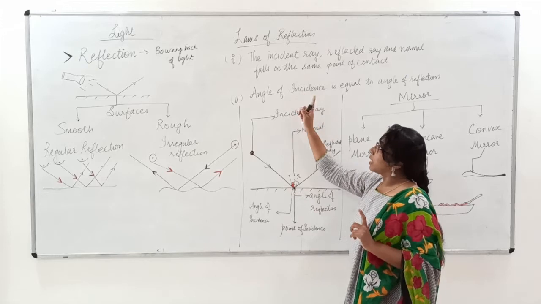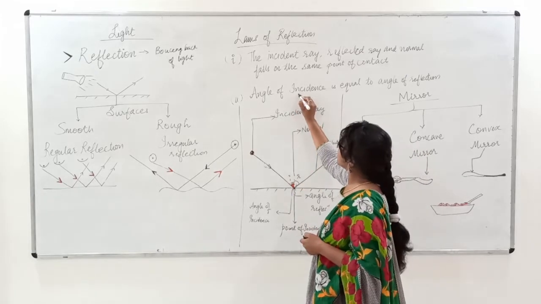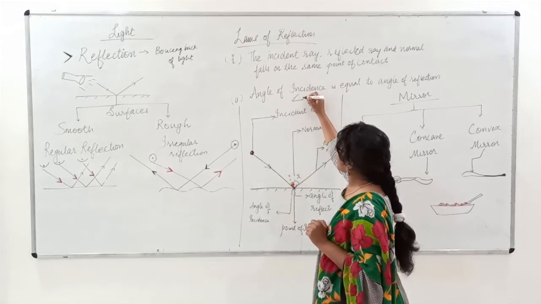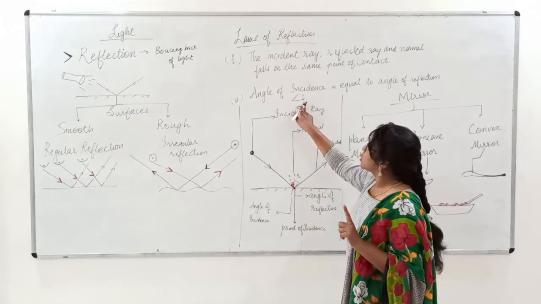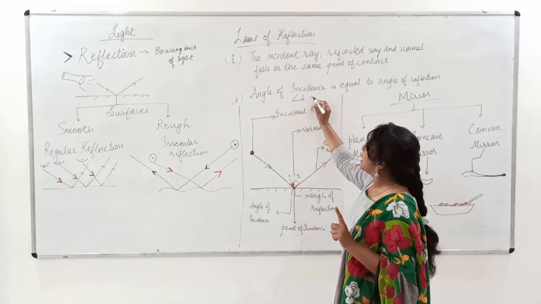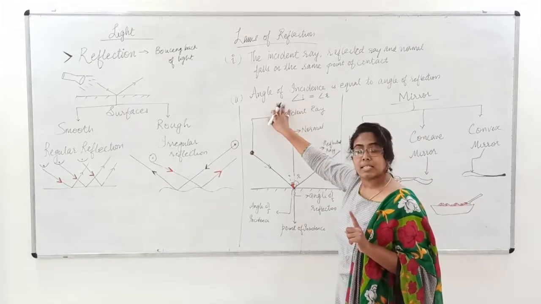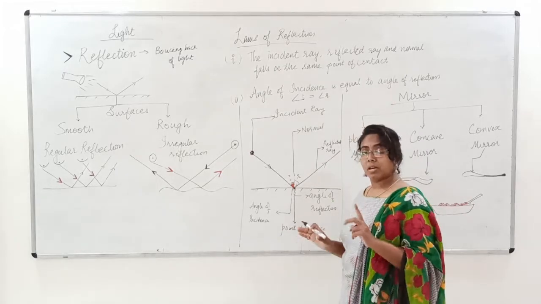Next, what we have? The angle of incidence. Angle of incidence is written as, this is the symbol of angle which you have learned in mathematics, and we represent it with small i, we never use capital I. Small i is equal to angle of reflection. So angle of incidence is equal to angle of reflection. We have learned the two laws.